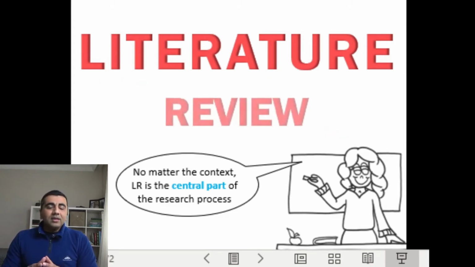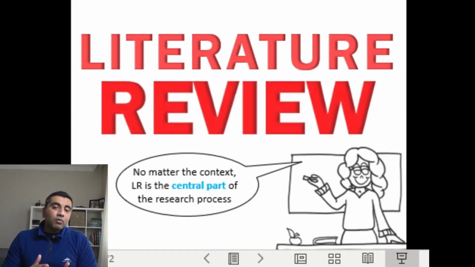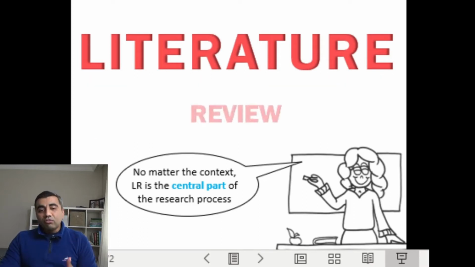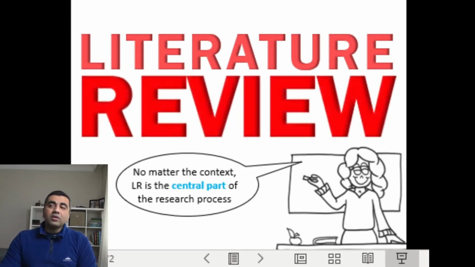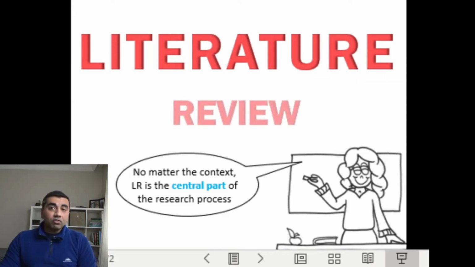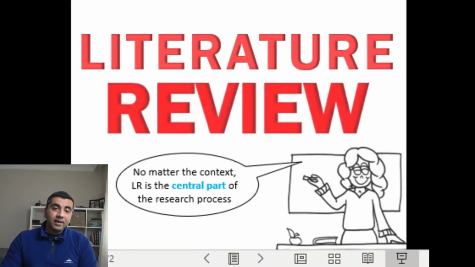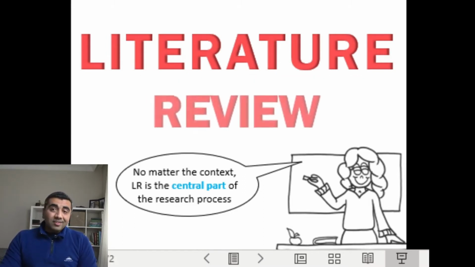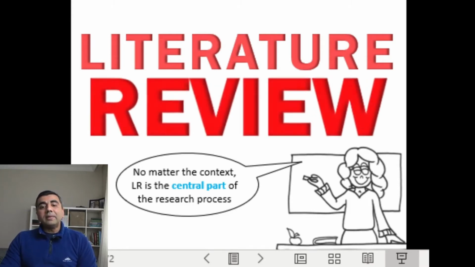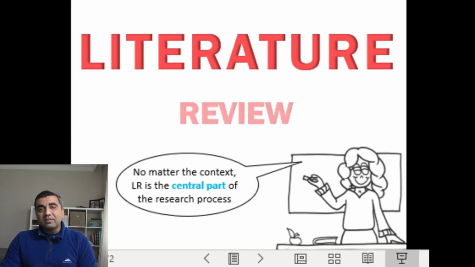You really need to analyze each point, each point of view, as well as identify the strengths or weaknesses you may find in past research with regards to their research methods, their theory, or their findings. So essentially, a literature review is a description of work that has already been published in a particular field or on a specific topic.